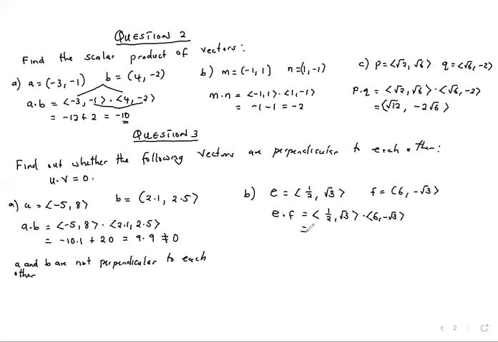This is giving us 3 minus 3, which is 0. Hence, E and F are perpendicular vectors.